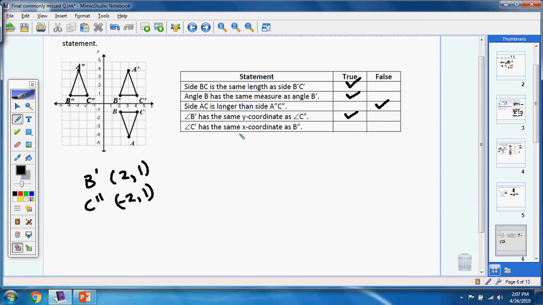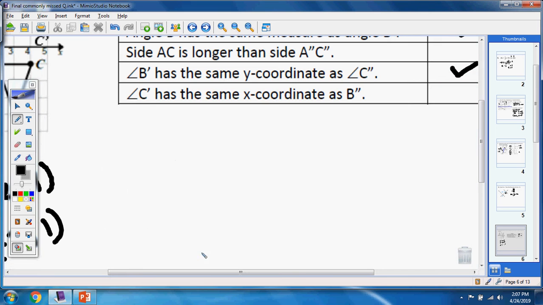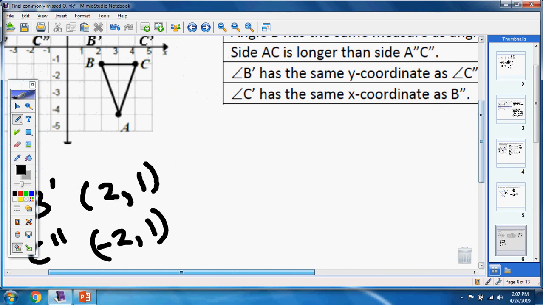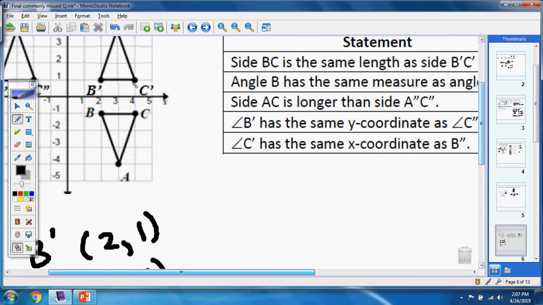Angle C prime has the same x coordinate as B double prime. So let's see, C prime, zooming in a little bit. C prime is 4, 1.